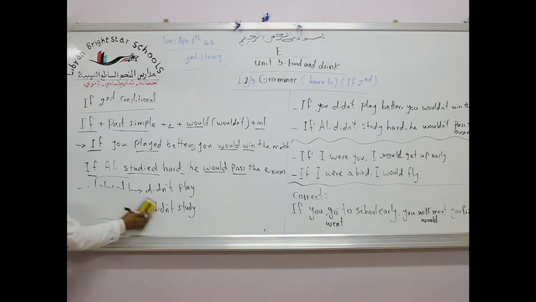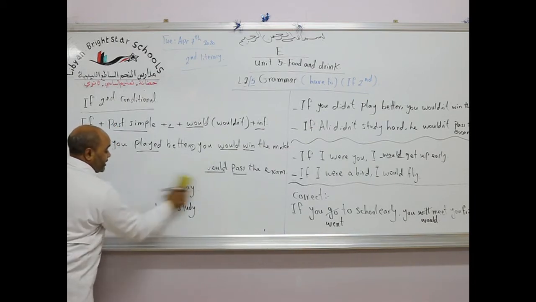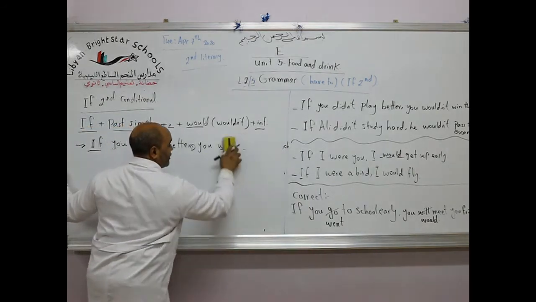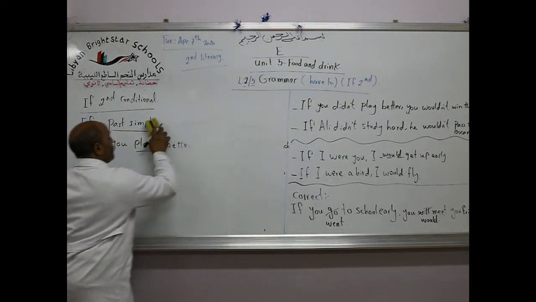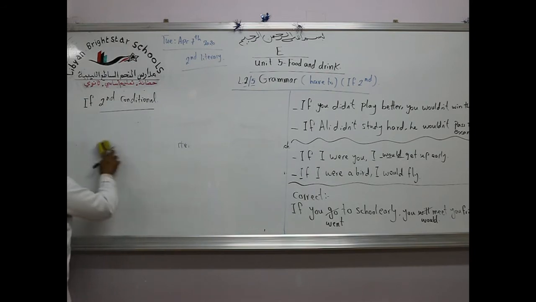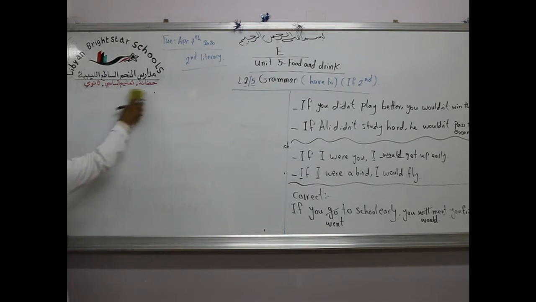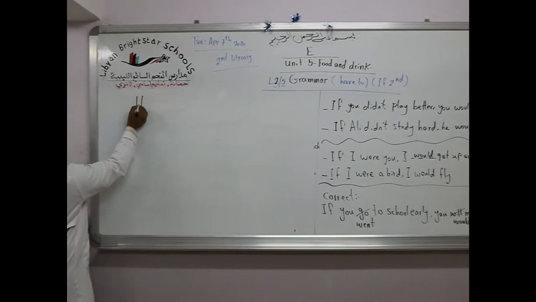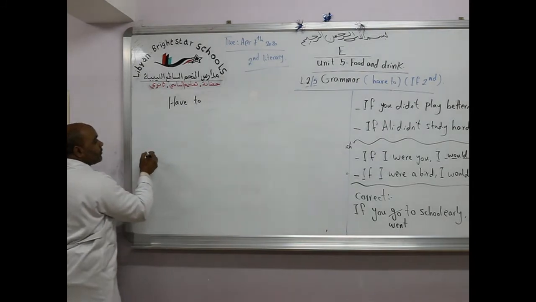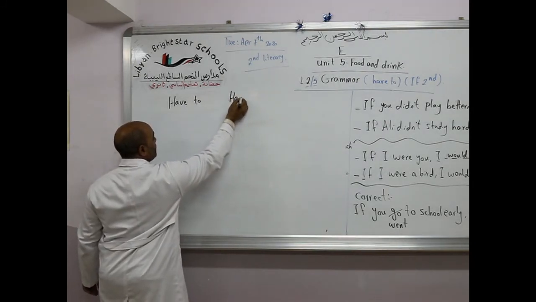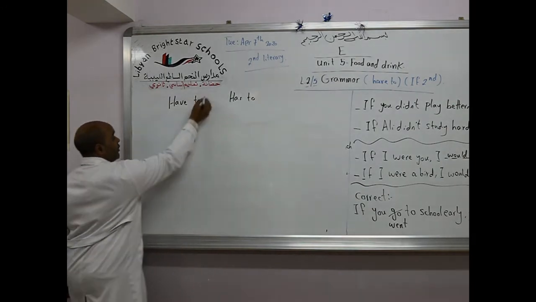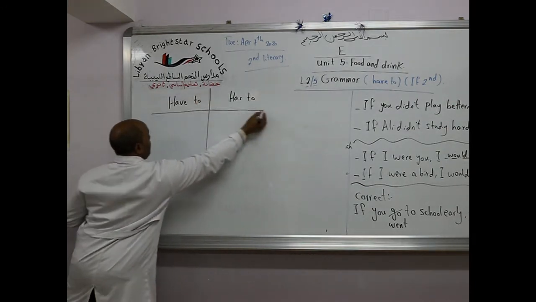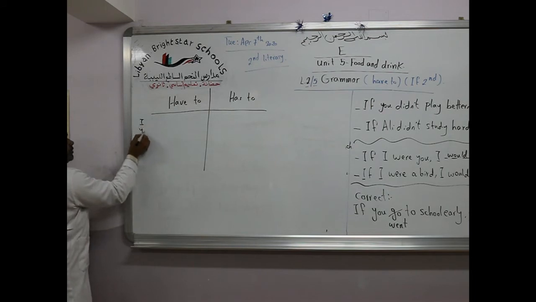Now the second part: have to. Have to, as we know, is used for something necessary. How can we write a sentence using have to, put it in negative, and ask a question in the present and in the past? Have to is used with I, you, we, and they.